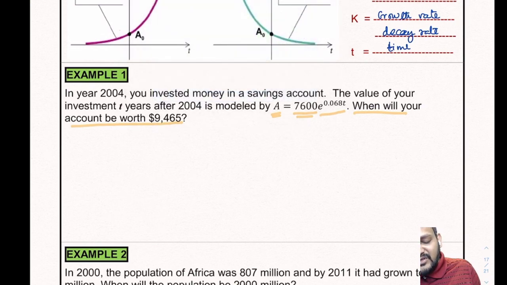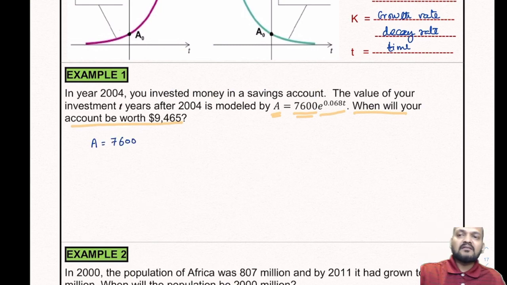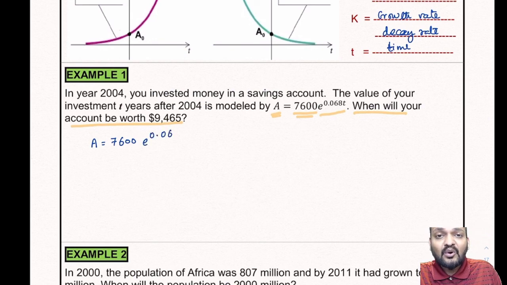So the given equation is A equals 7600 times e to the 0.068t. Now, what I want is for this A to be $9,465.